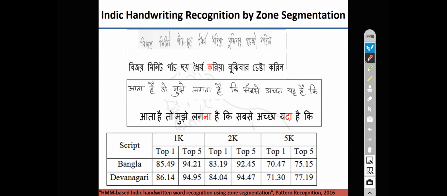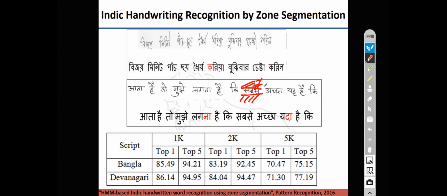How? We said that instead of this full text, I just remove this upper part, I do not consider it. And the lower part also I will not consider. Now I recognize this middle zone, which is called the busy zone or middle zone. The upper part and lower part are the different zones of this word.